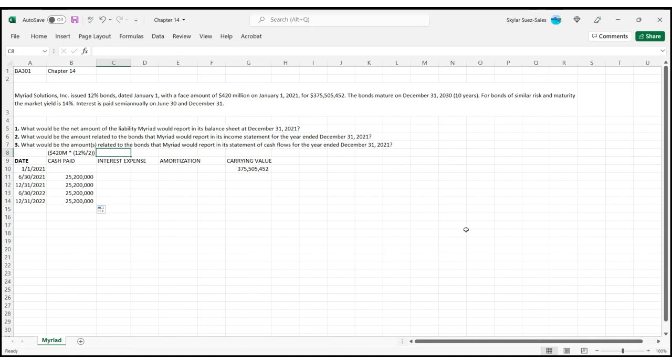And then we need a formula for the interest expense, right? So could someone else give me that formula? Remember we're using the effective interest method. So we need a formula for the interest expense.